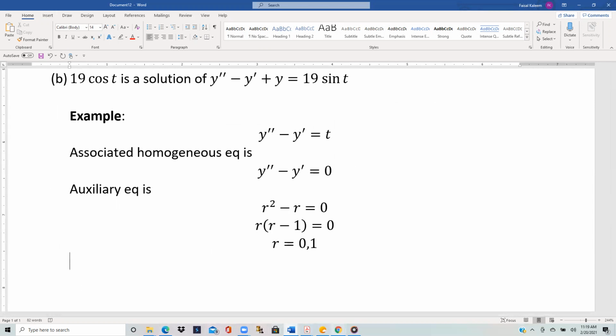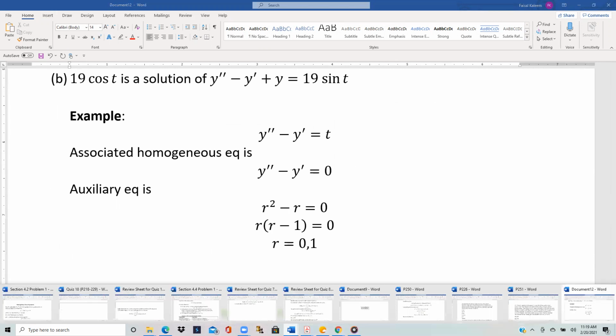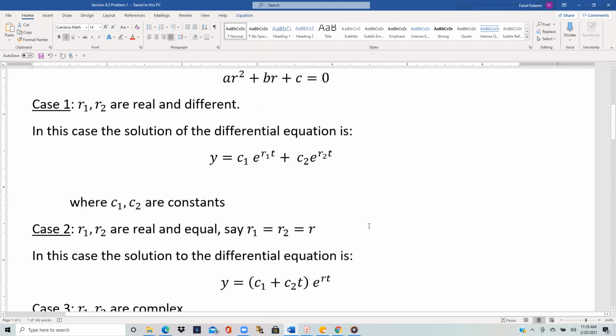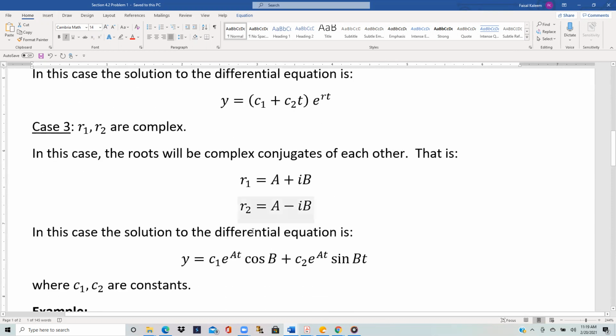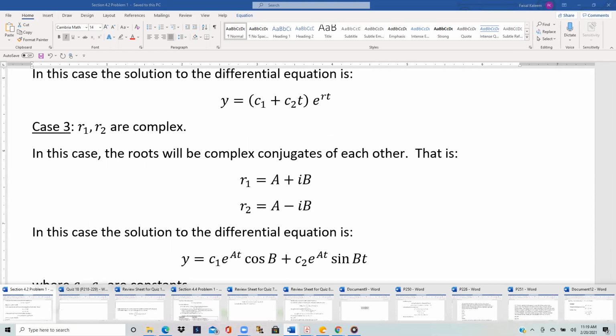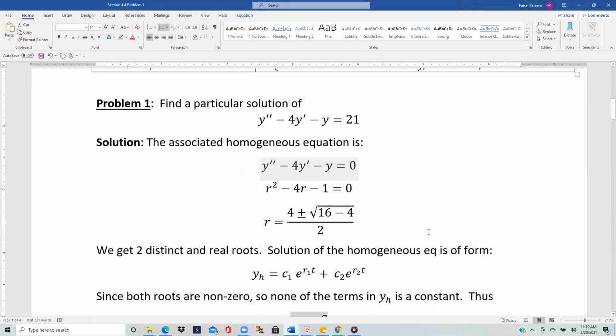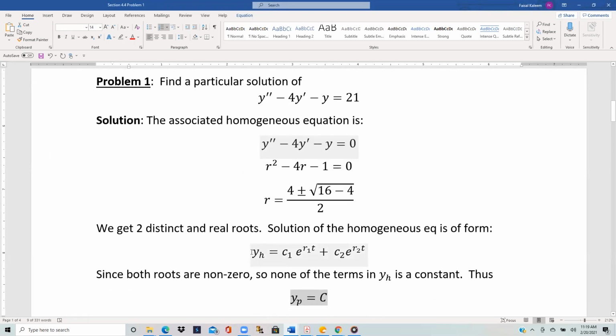So the general solution will be, let's try to copy the template. So here, let's copy it from 4.4. Okay, so the homogeneous solution in this case is this one.